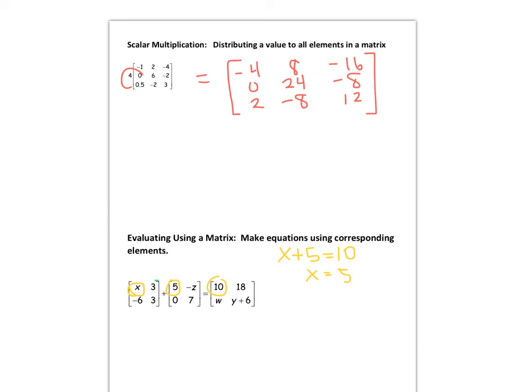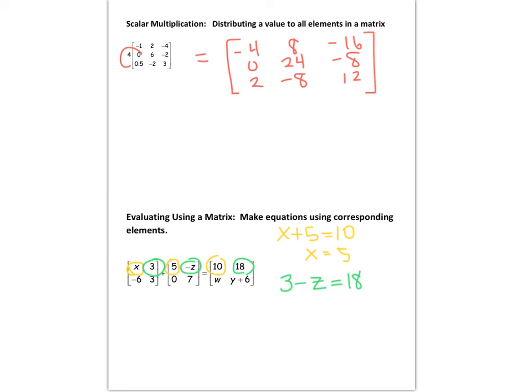Let's see, we have 3 plus negative z, and the answer needs to come out to 18. So 3 minus z equals 18. Okay, some quick math here. I need to subtract 3 and divide by negative 1.